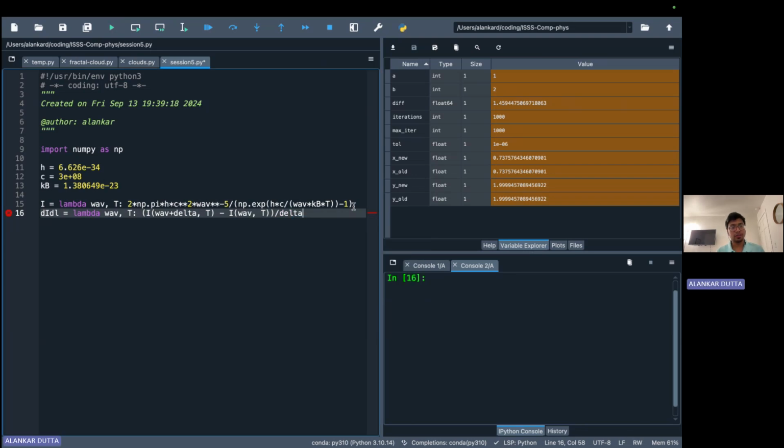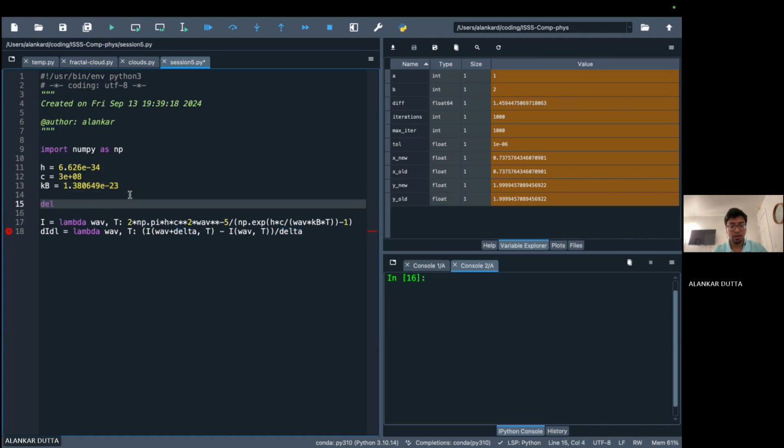This is an approximation for the derivative, and let's have delta as 1.0e-3, something like this. If you numerically want to find a derivative, this is the expression for a forward derivative.